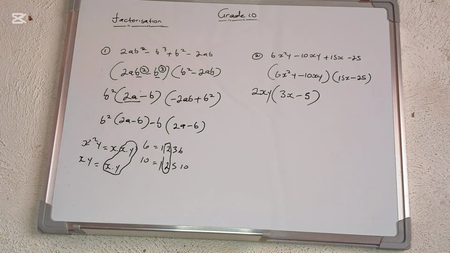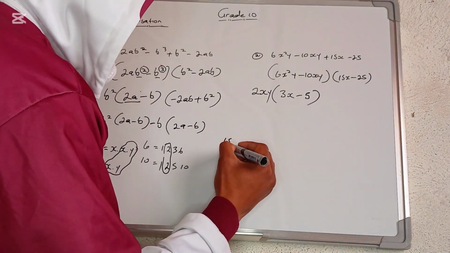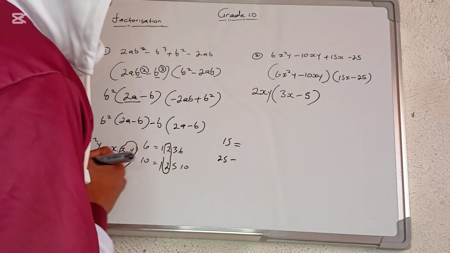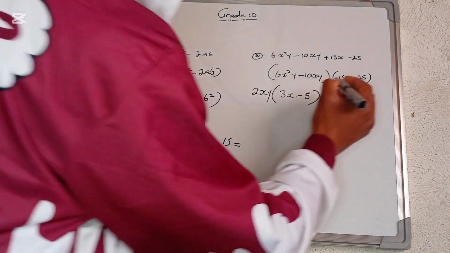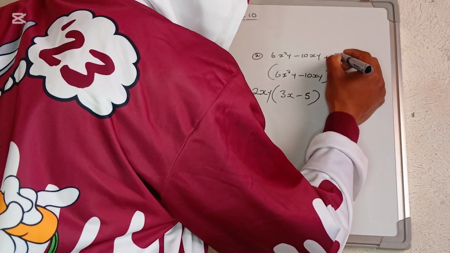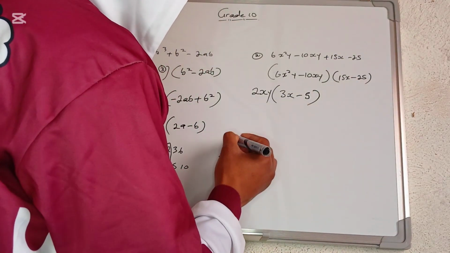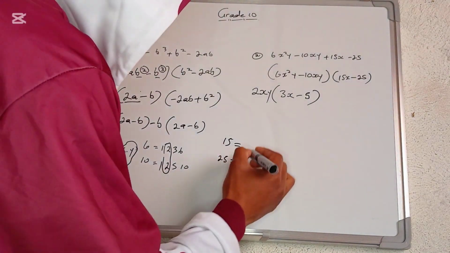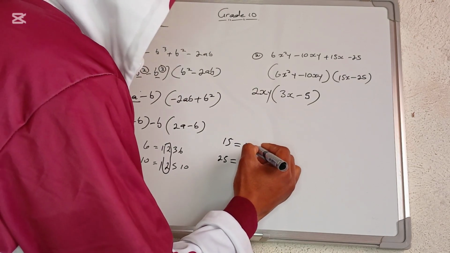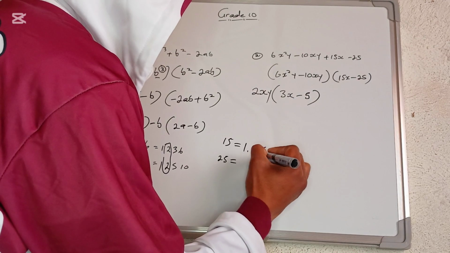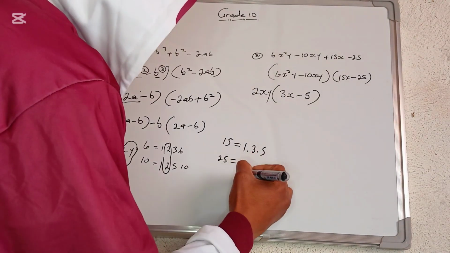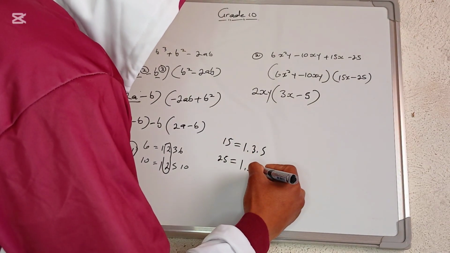Moving to the second one, we're going to also check for like terms. We have 15 and 25. We have 1, we have 3, we have 5, right? We have 1, we have 5.